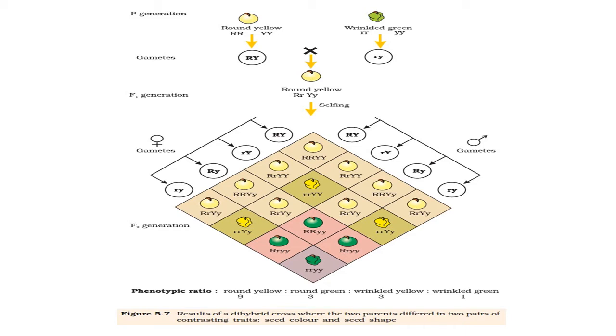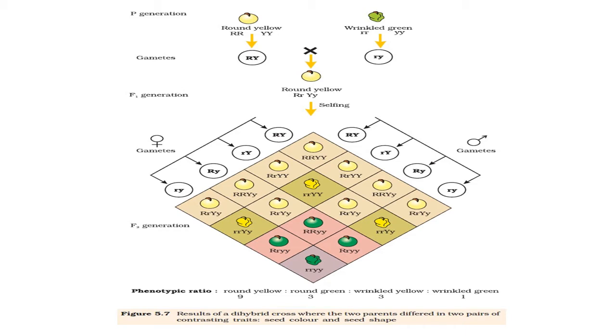From capital R small r, capital Y small y, both parents have these alleles, and from such parents four types of gametes are formed: capital R capital Y, capital R small y, small r capital Y, and small r small y.